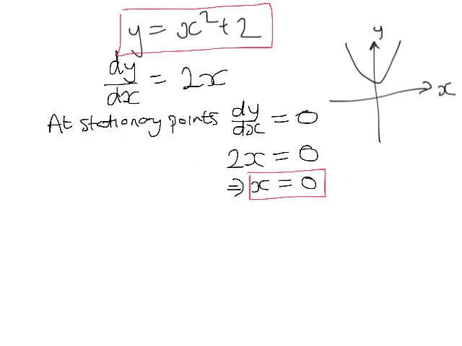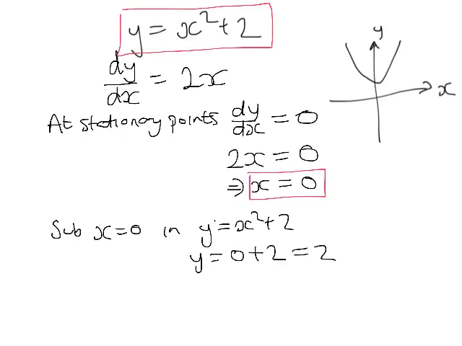So we're going to sub x equals 0 into our equation of the curve y equals x squared plus 2. So x equals 0, y equals 0 plus 2, which is 2. So therefore our stationary point, I'm just going to write that as SP, is x equals 0, y equals 2.